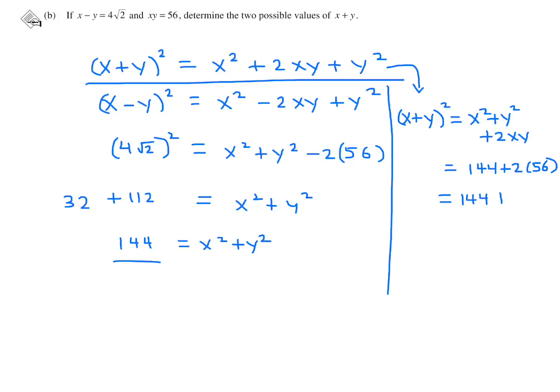So we have 144 plus 112, and that is 256, and that is x plus y all squared. And therefore, if you take the square root, you'll get plus or minus 16. And those are indeed the two possible values for x plus y.